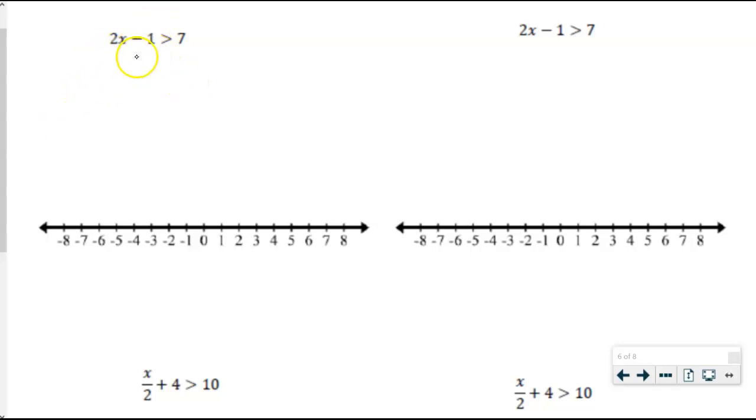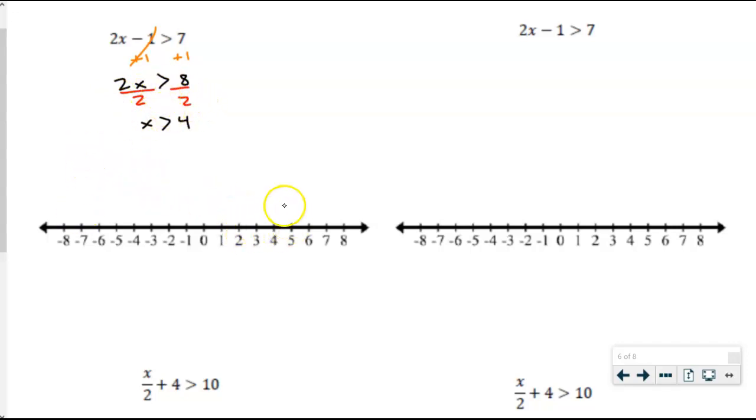So those solving steps would be, add 1 to each side, giving me 2x. Symbol comes straight down, is greater than 7 plus 1 is 8. Next solving step, I'm dividing by 2. That leaves me with x is greater than 4. Notice I didn't flip the inequality. Yes, I divided. I did not divide by a negative. So the inequality does not change.